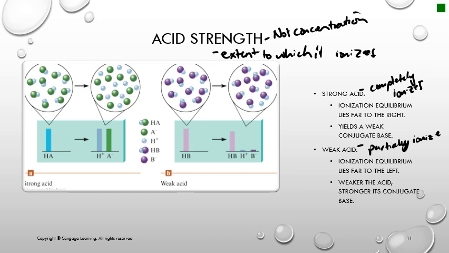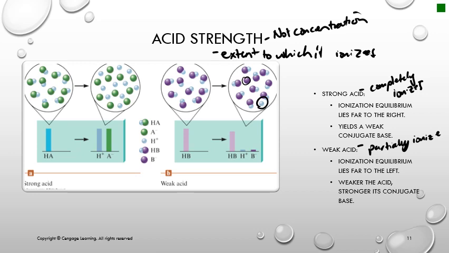When I look at the product side, I have just a few that have actually split apart or ionized. The rest of them remain together as that acid molecule. So again, think products over reactants. Most of the molecules stay intact, so I have a large reactant concentration versus a very small product concentration. So you're going to find your Kas are going to be very small, much less than 1 the vast majority of the time.